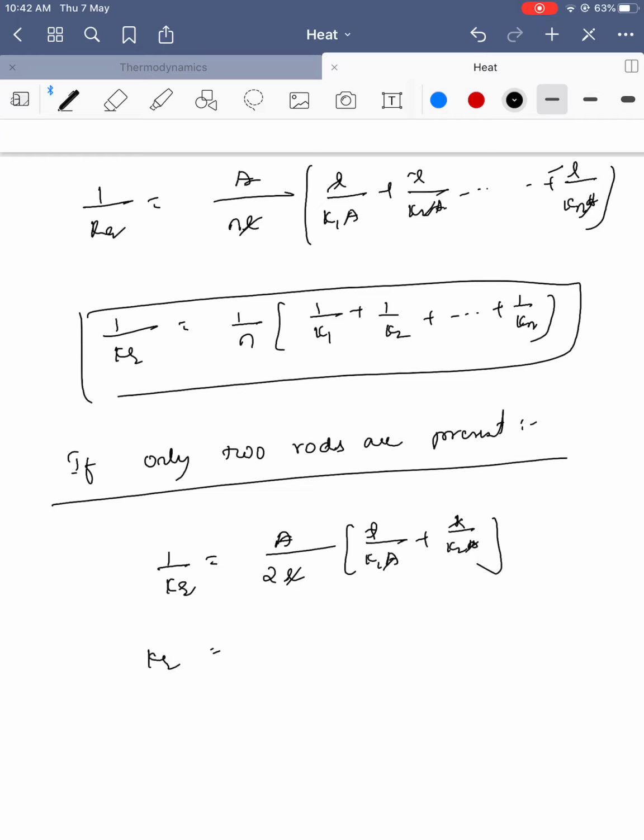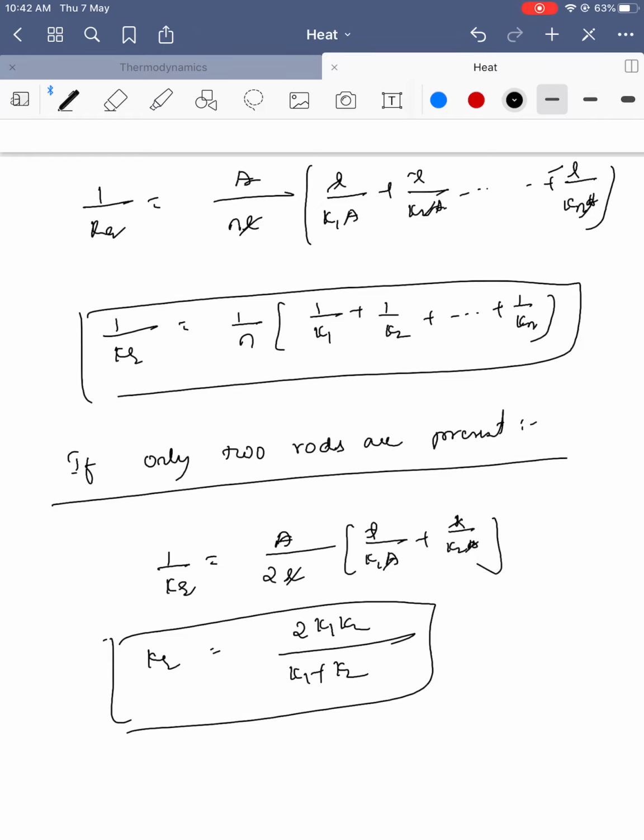K equivalent is equal to 2 K1 K2 by K1 plus K2. This is the K equivalent.